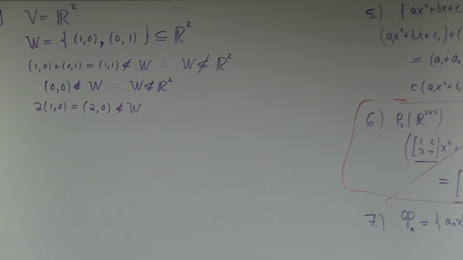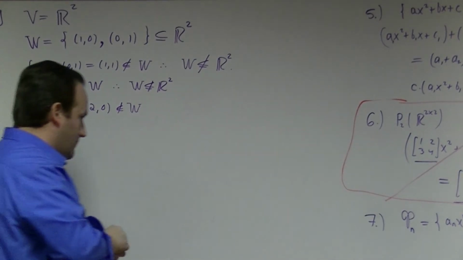I think axiom 6 fails too. I can't make sense of axioms 6, 7, and 8 for this example, because I don't have enough vectors to even form these scalar products.